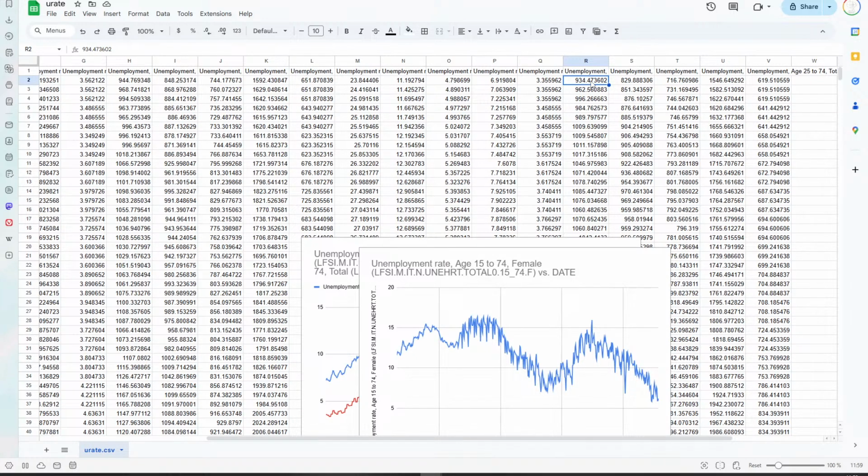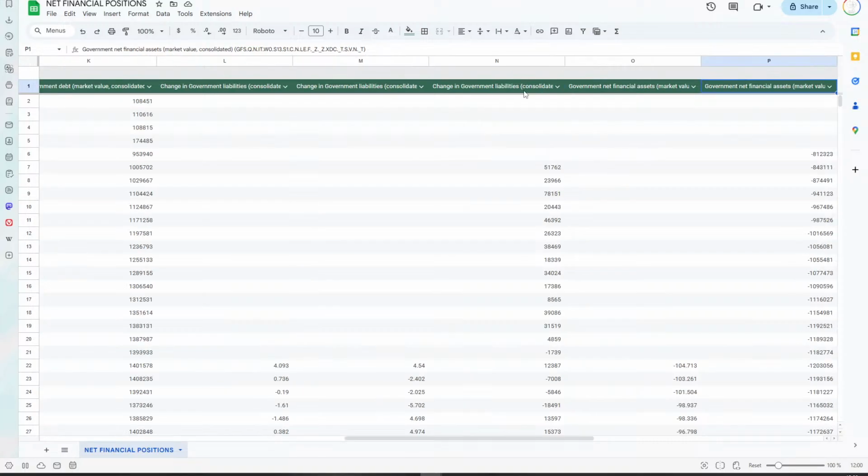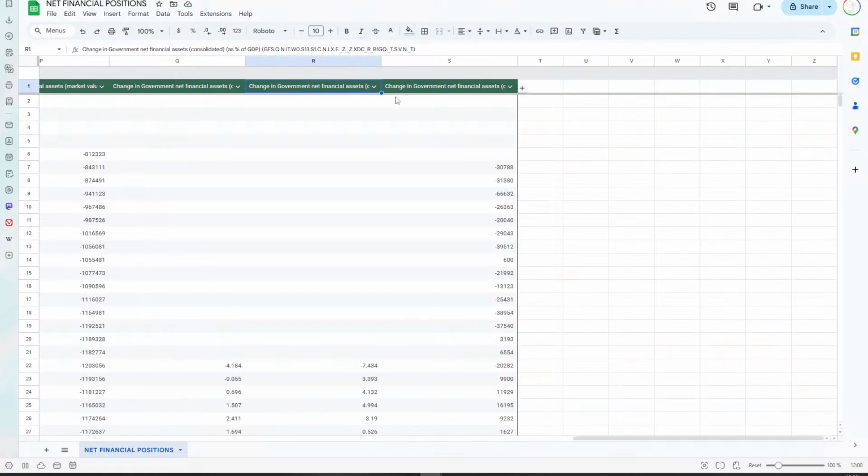Anyway, so there are good things on the employment side. I didn't have time to look at productivity. So stock main financial instruments, changing financial asset. Yeah, there are interesting things. Net financial asset consolidated.